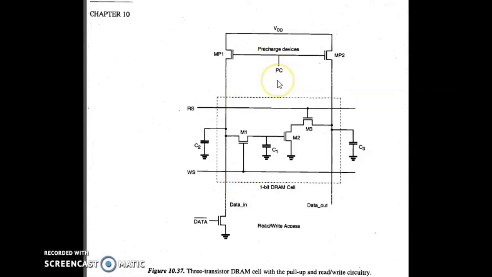Before every write and read operation, pre-charging takes place by giving a high signal to the pre-charge devices. As a result these two transistors are on, and the column capacitors associated with these bit lines, C2 and C3, are pre-charged to VDD.